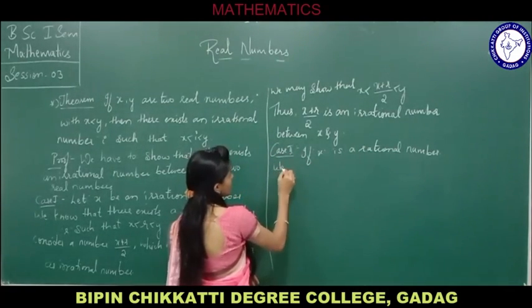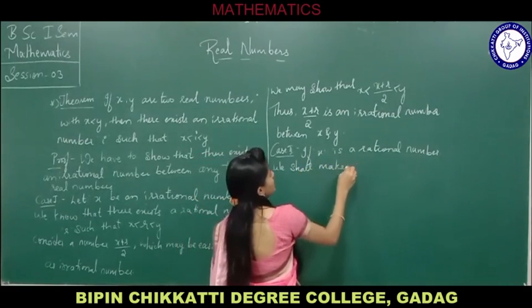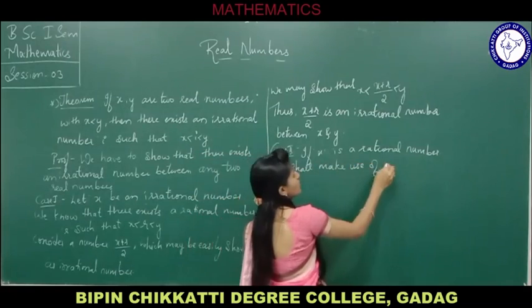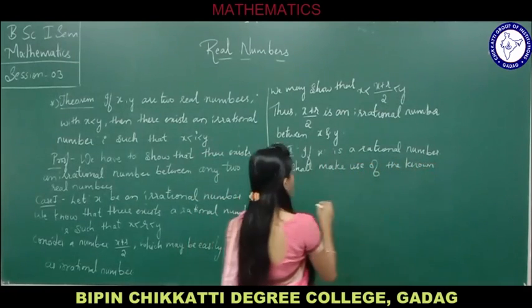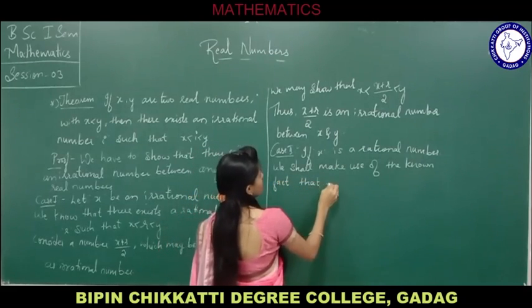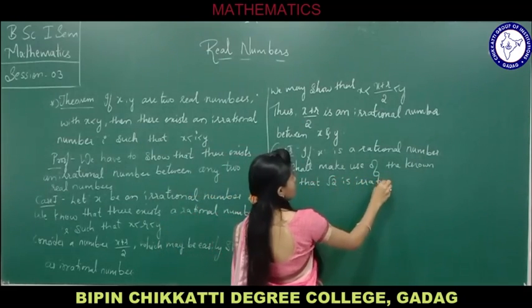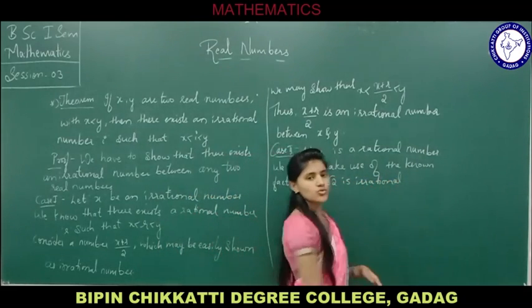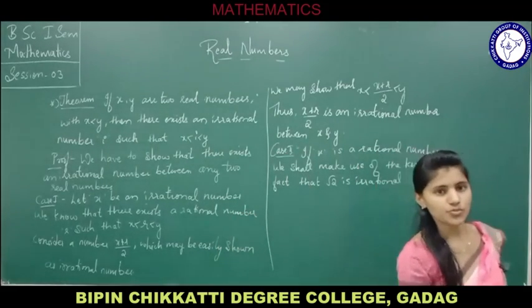Which is the known fact? That root 2 is irrational. We all know it very well, right? Root 2 is irrational.